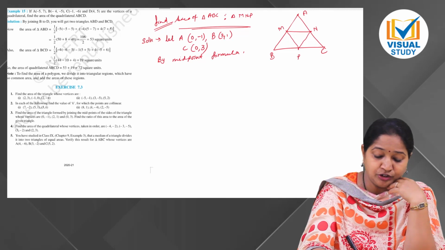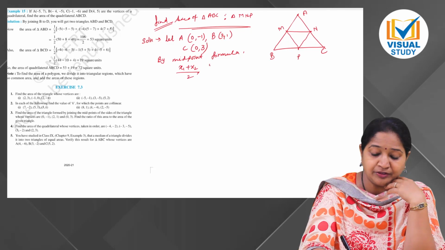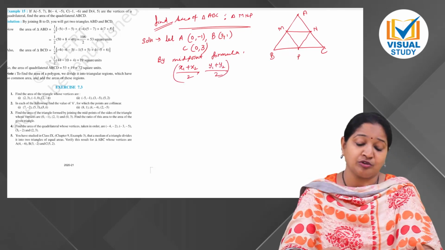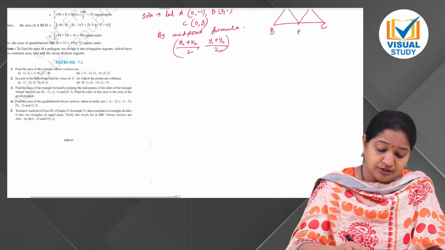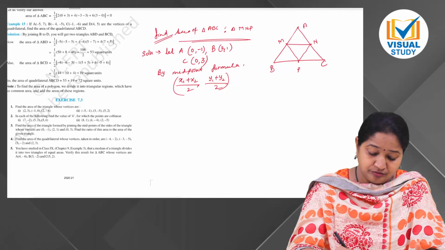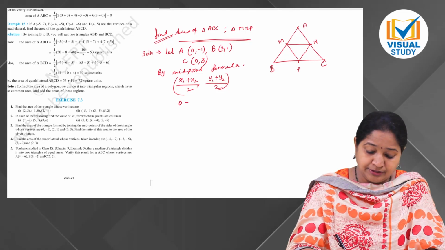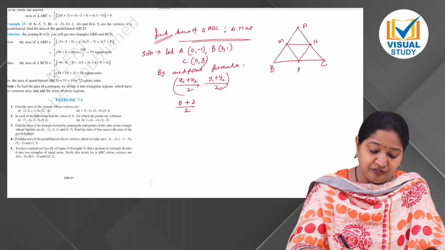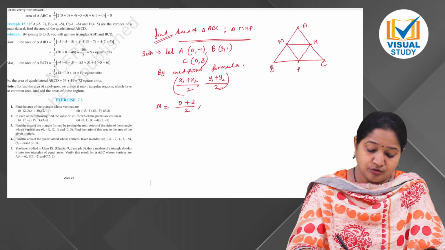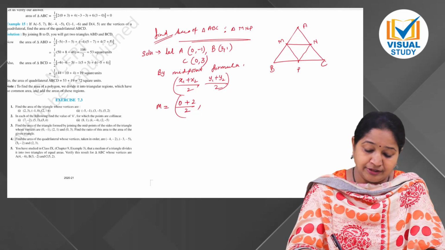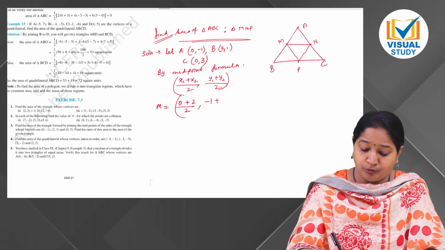That is, what is your midpoint formula? It is (x1 plus x2) upon 2, (y1 plus y2) upon 2. This is your midpoint formula. Now we are going to find this. A is (0, -1). We'll find the point M first: 0 plus 2 upon 2, and -1 plus 1 upon 2.